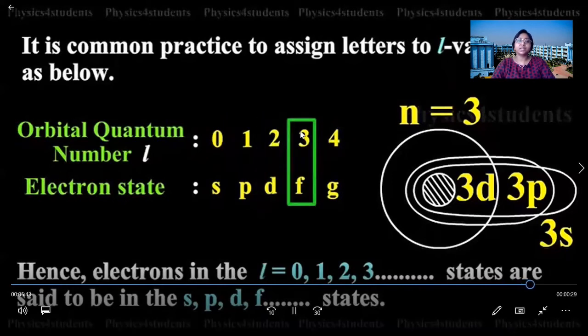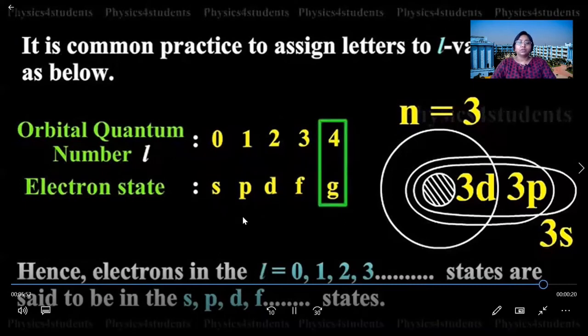If L is 3, electron state will be f. If L is 4, electron state will be g. So it will be easier to remember. The electrons in the L is equal to 0, 1, 2, 3 states are said to be in the s, p, d, f states.